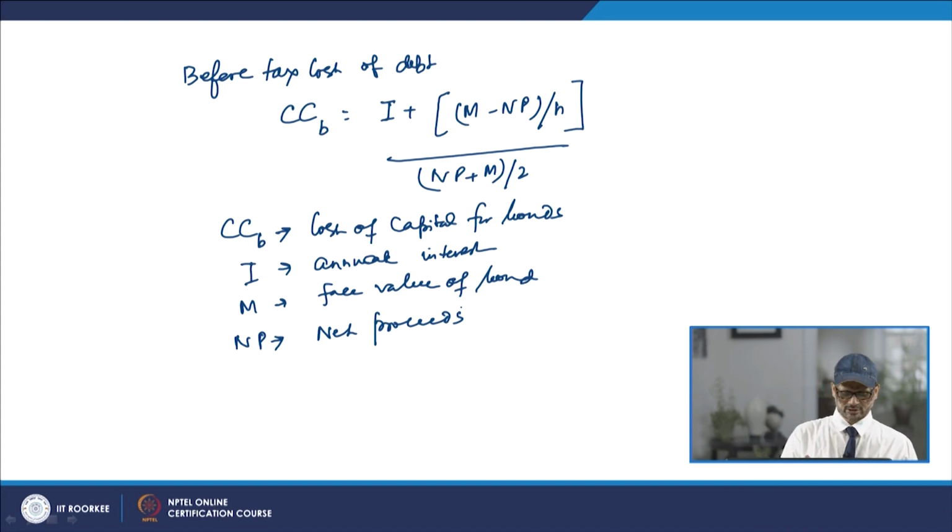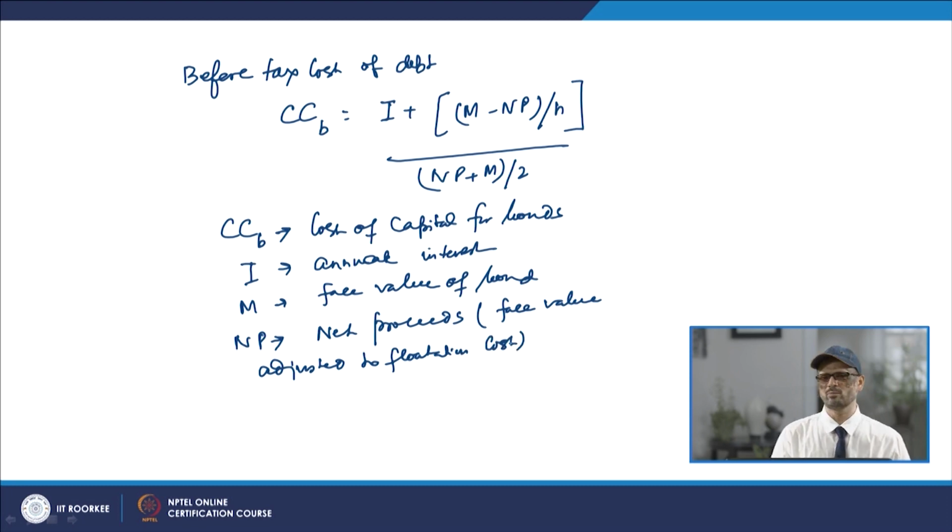Net proceeds is nothing but the face value adjusted for flotation cost. So, basically you have to take into account the flotation cost, then you will have the net proceeds, and N is the number of years to redemption.